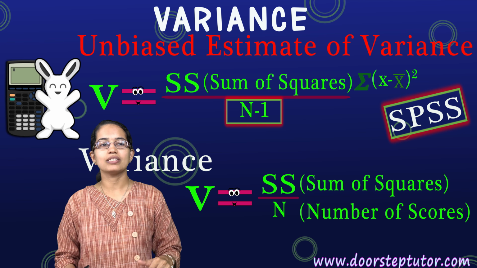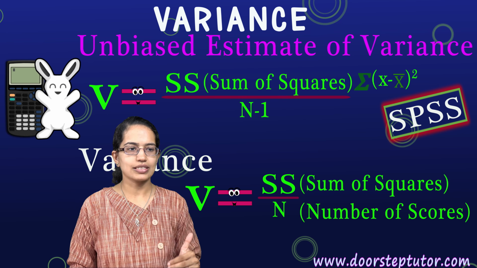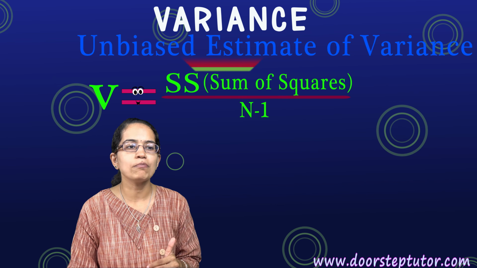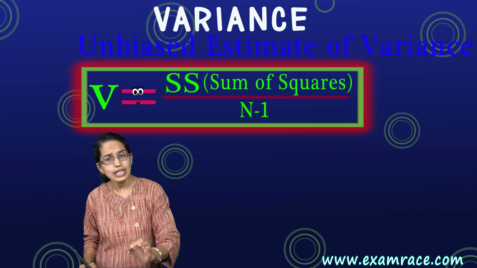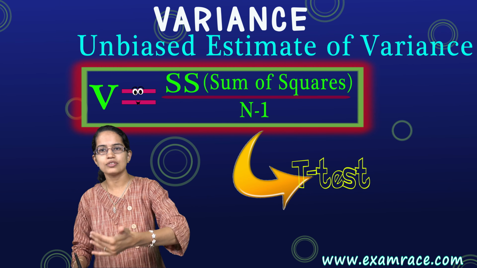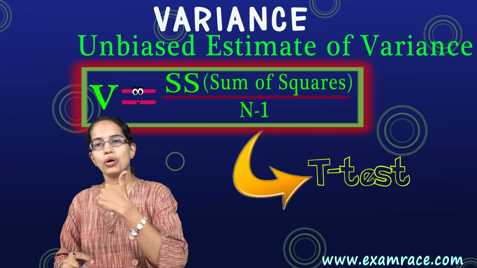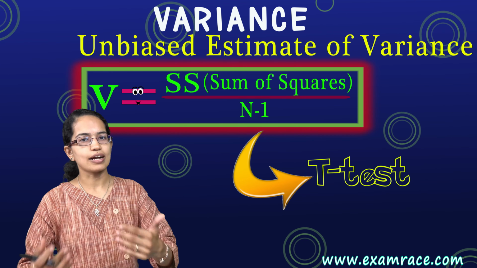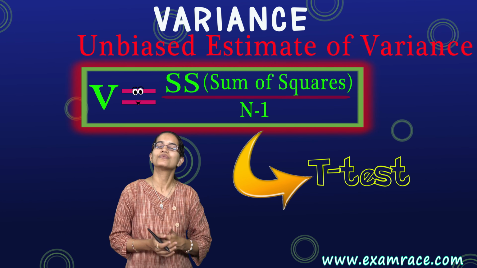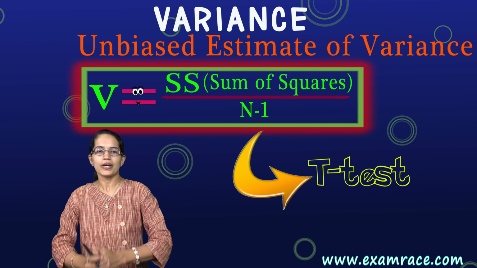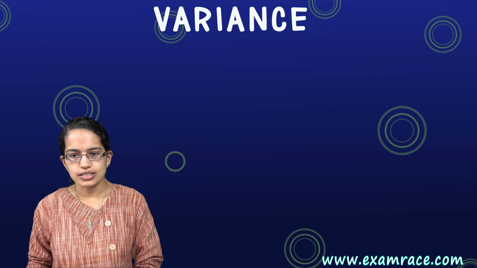One very important concept. The next important understanding is that this unbiased estimate is used in the t-test, which we will understand in our higher classes of statistics. As we proceed into more depth in statistics, we will cover those topics. Okay, so this is about variance.